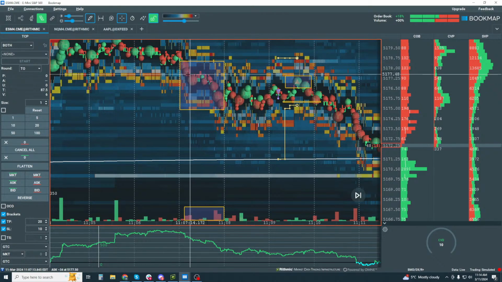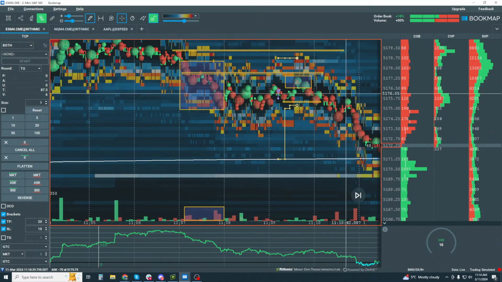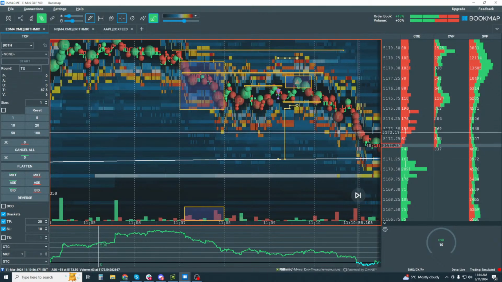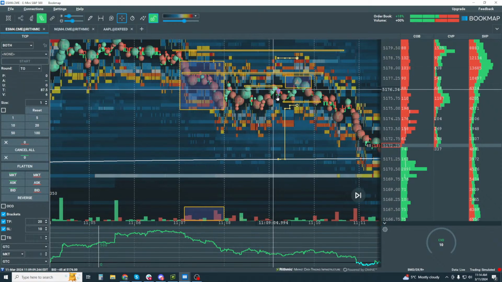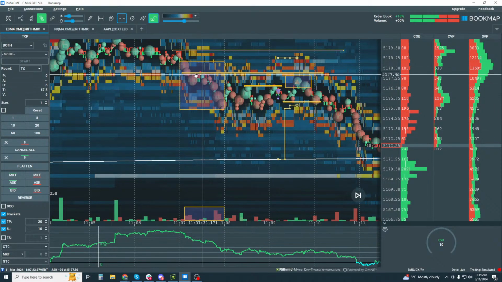Did it break the structure? The structure to be broken would probably be up here or up here, and it didn't break that. It broke this smaller structure in here, and then it rejected and came back into our point of control, with more selling in here, looking for the continuation. We were just a little early in here. Our idea was still correct.